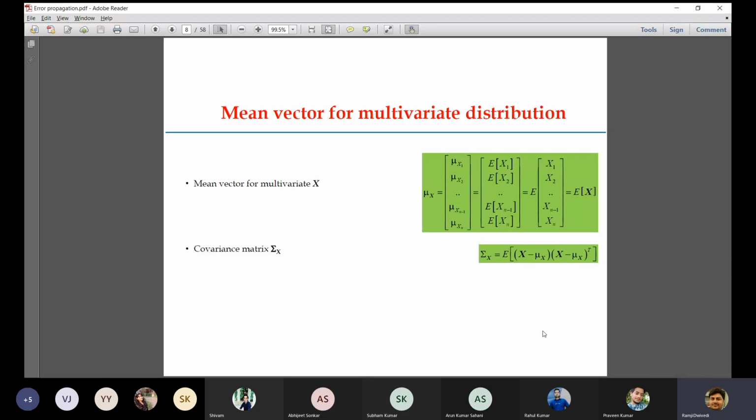Here it is written as sigma x is the expectation of (x minus mu x) times (x minus mu x) transpose. Now what I want is that you let me know why it is not (x minus mu x) transpose multiplied by (x minus mu x), and why it is written as (x minus mu x) multiplied by (x minus mu x) transpose. Why not the other way around? Just try to follow and give me the answer.